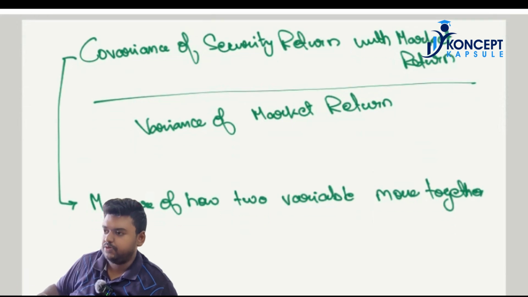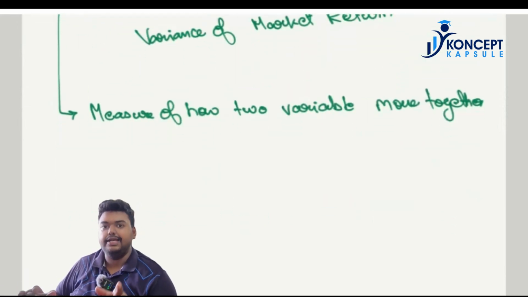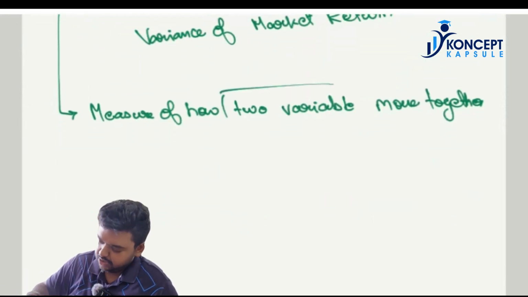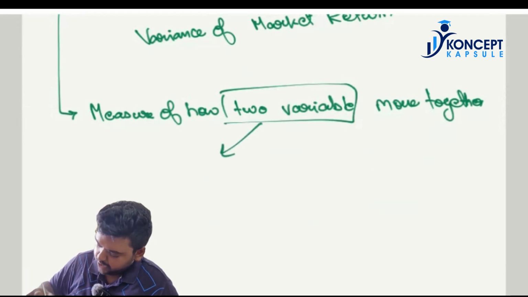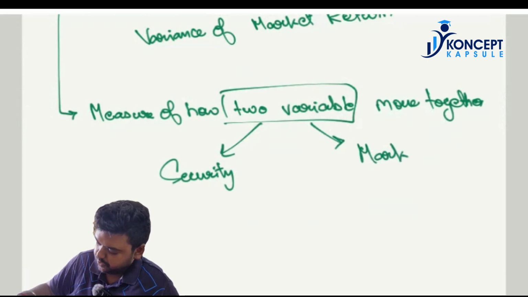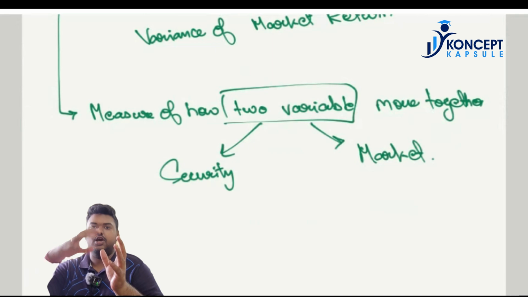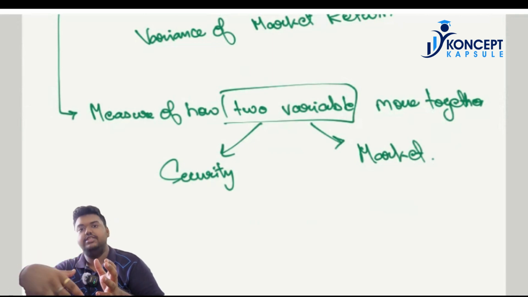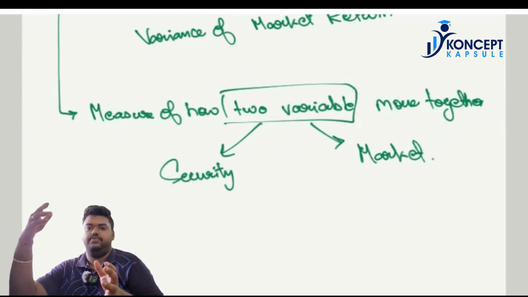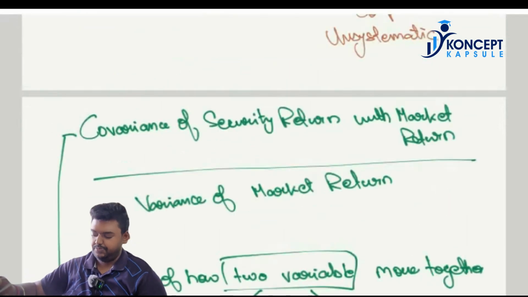Now, when we are applying it in the context of beta, the two variables are the security return and the market return. So what we are doing basically is measuring how the security returns are moving with respect to the market. Okay.